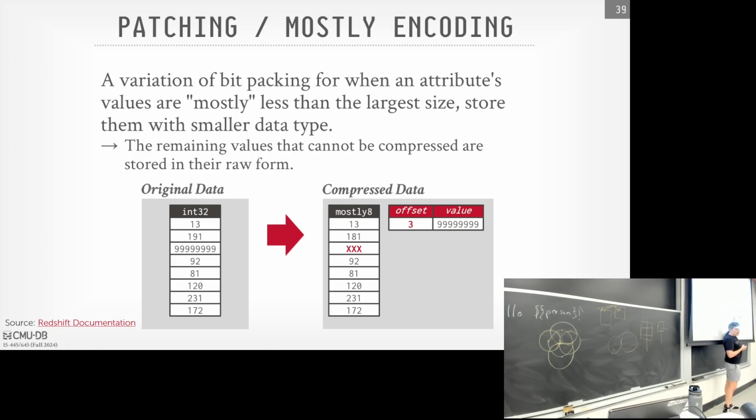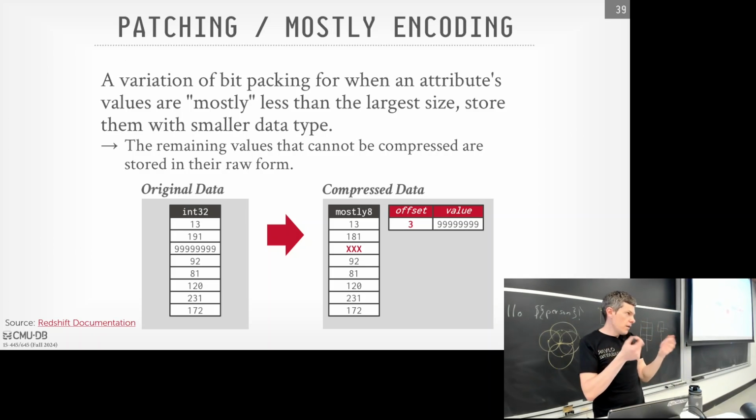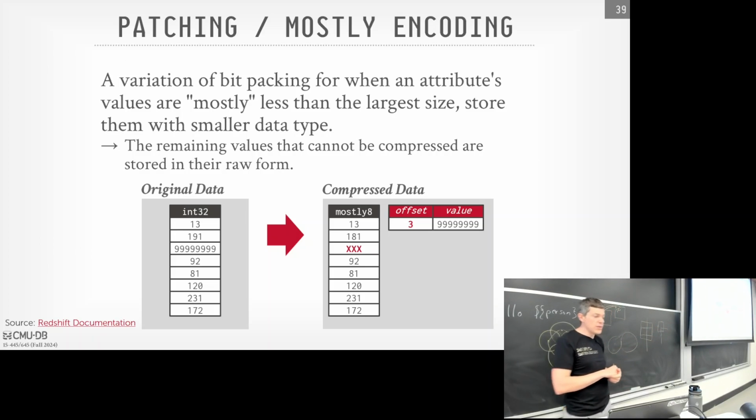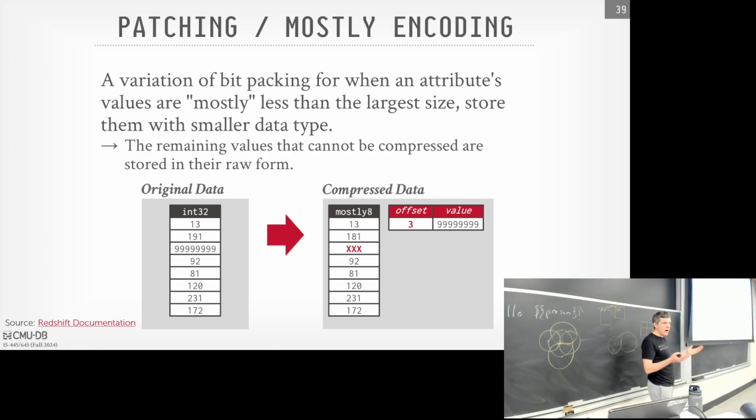You have to jump to this auxiliary table to find it. So you can rip through the column, do your processing, ignore any of the outlier values, and then go back and get the original, larger value that you need. So you still get the win of bit packing, but you can handle the outliers.